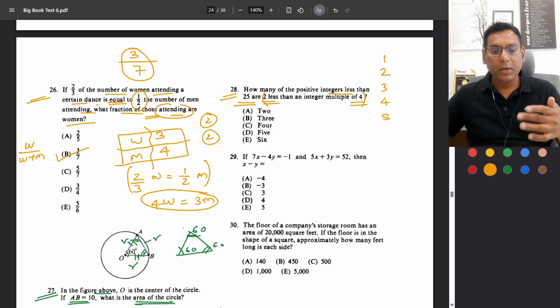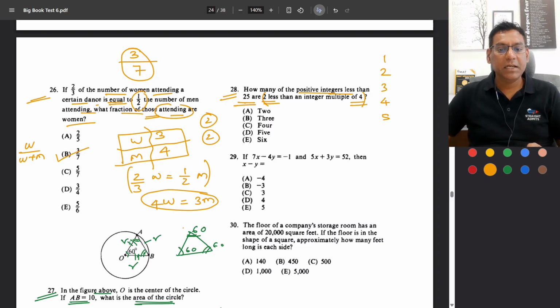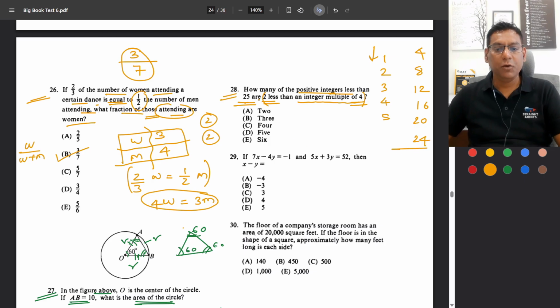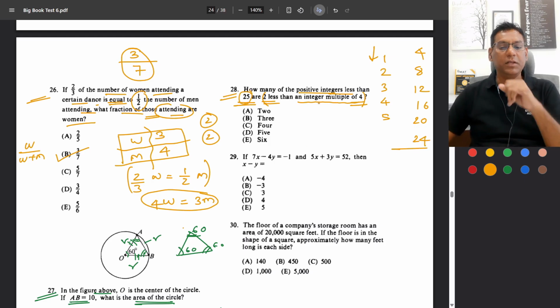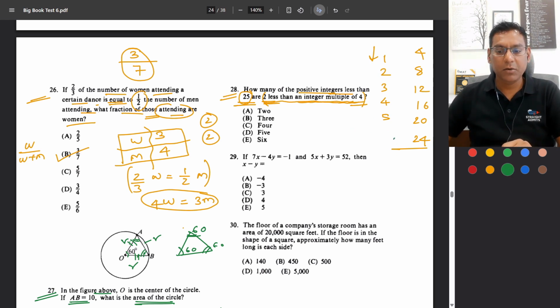If I look at all the positive integers less than 25, I'll have 25 possibilities. Instead of that, let's just look at all the multiples of 4 first. That is 4, 8, 12, 16, 20, 24. Then I go out of bound, right? The bound is only till 25. Let's subtract 2 from there. What do I get? I get 22, 18, 14, 10, 6, 2.